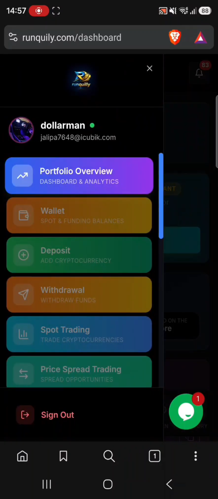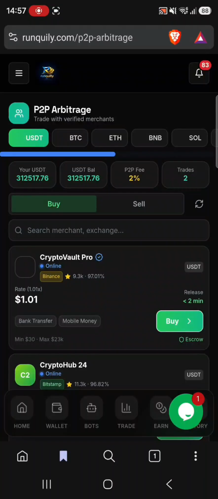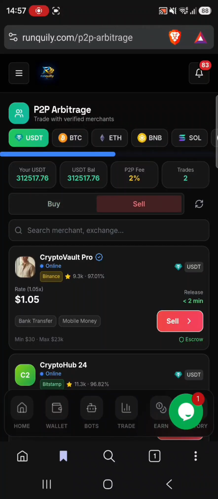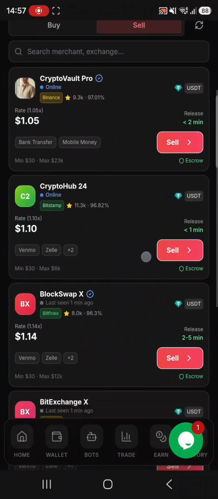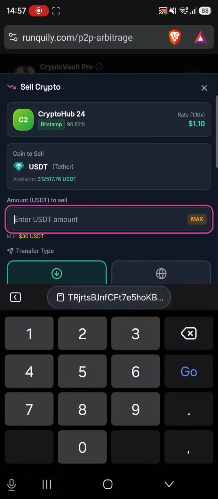So I'll go home. Then I'll come on the three dashes, click on P2P arbitrage. Then we bought low on Binance, remember. So here we are selling. I'll get this guy who is online, Crypto Hub 24, and his percentage rate is 96.82. So he's a good arbitrager. So the rate is 1.10, which is not bad.